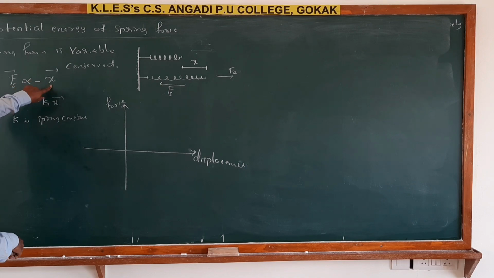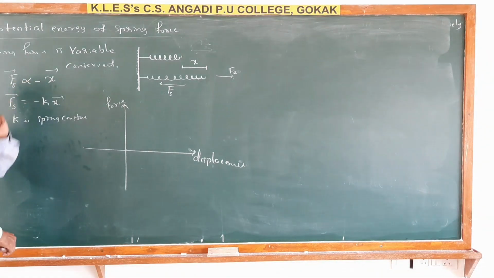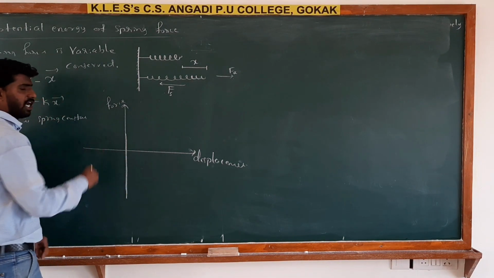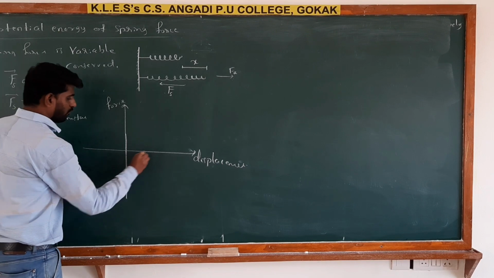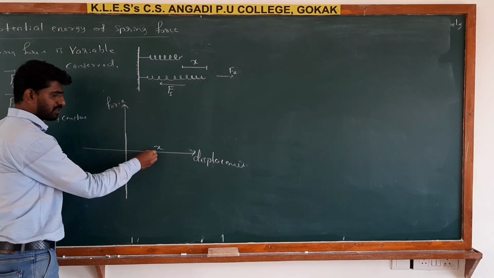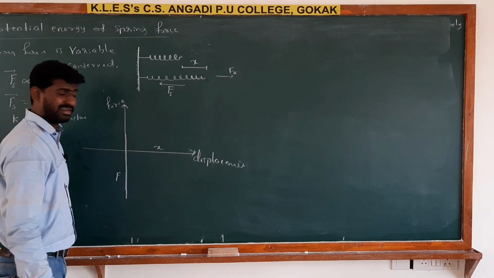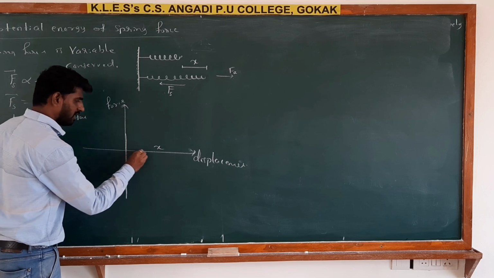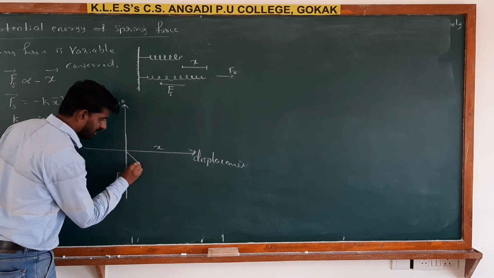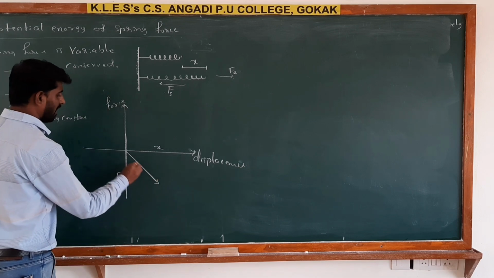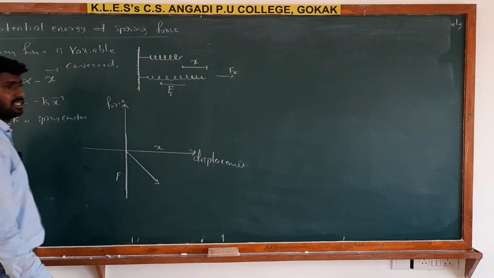So I take the displacement as positive, and the force is along the negative y axis. F and displacement are directly related, so the graph is a straight line. As you increase the distance, the force increases. This will be the graph of force versus displacement for spring force.